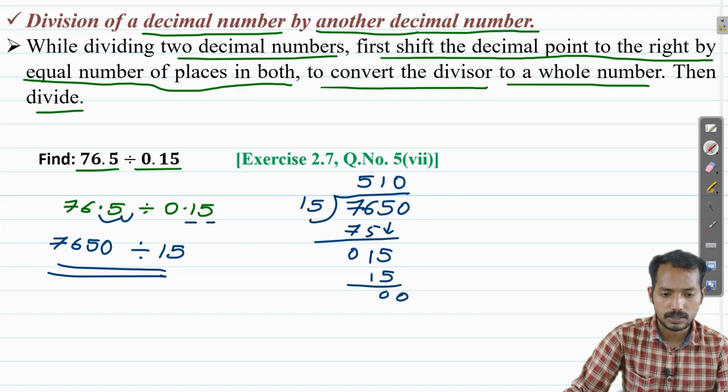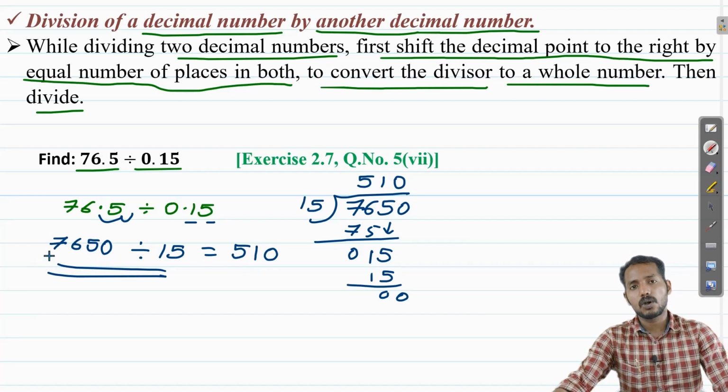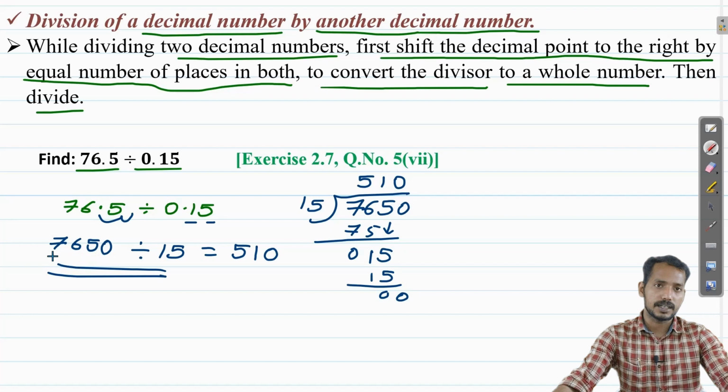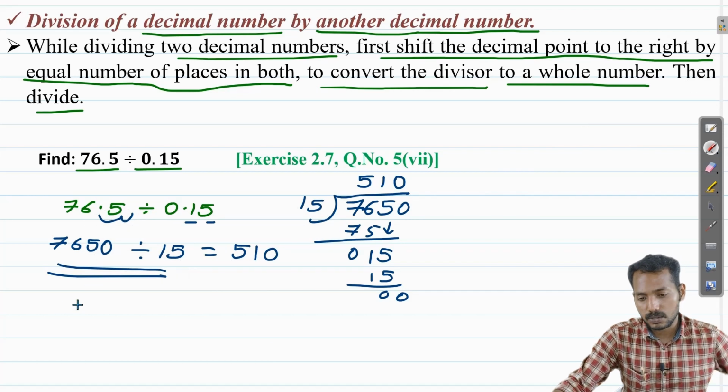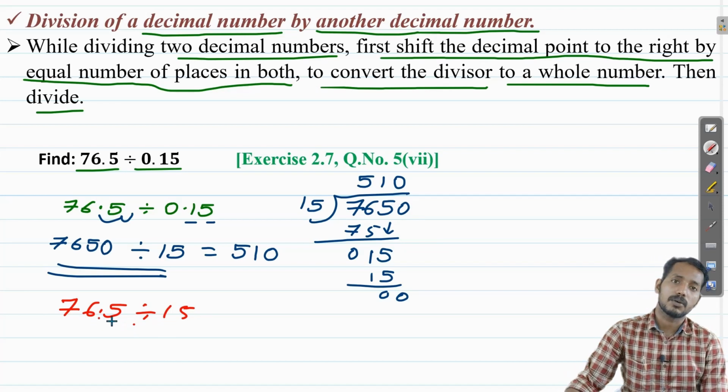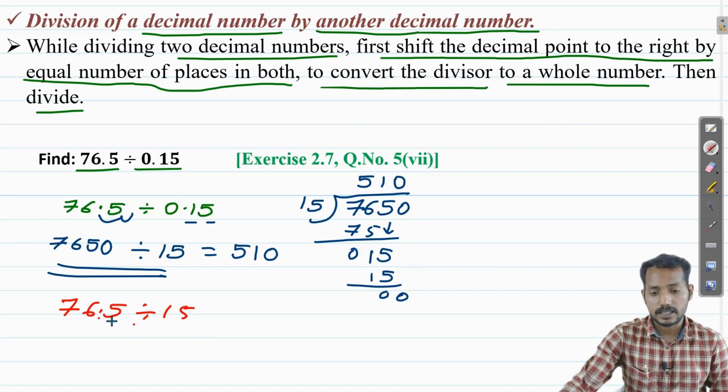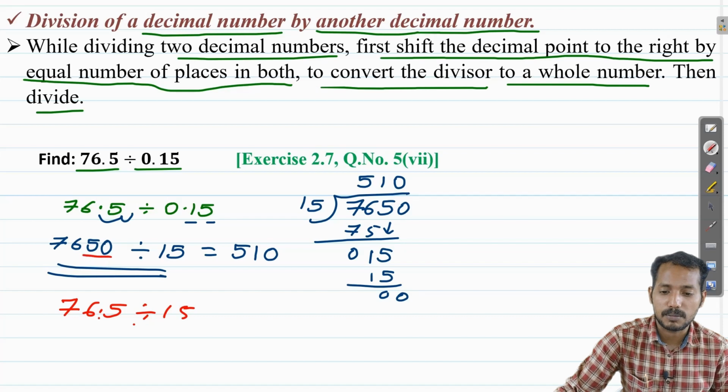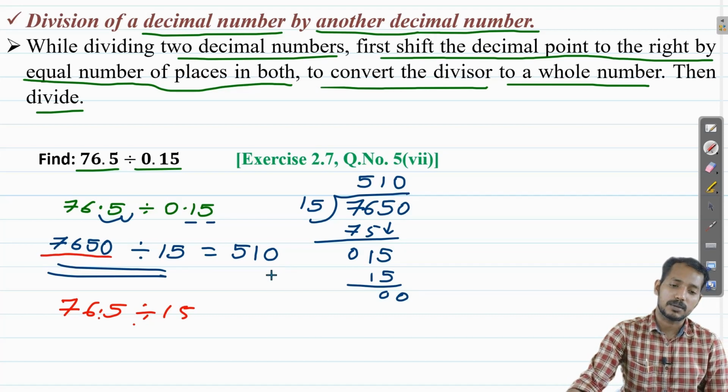The quotient will be 510. Because there is no decimal point in the dividend, that is the numerator, after converting the divisor into a whole number. Suppose you got a number like 76.5 divided by 15, then you have to place that decimal point in the quotient. As here there is no decimal point in this number, we can keep the same answer.